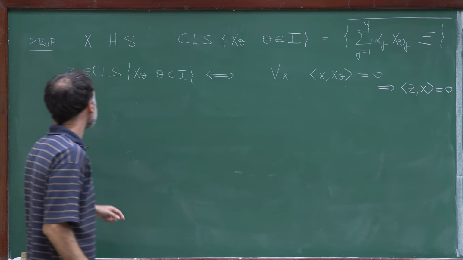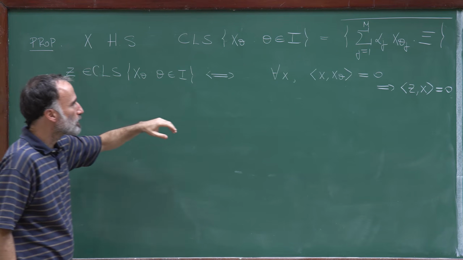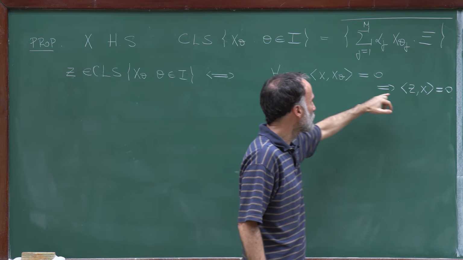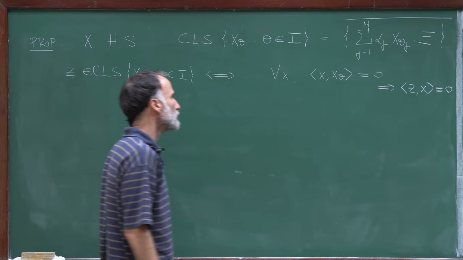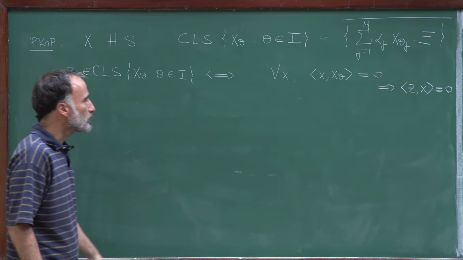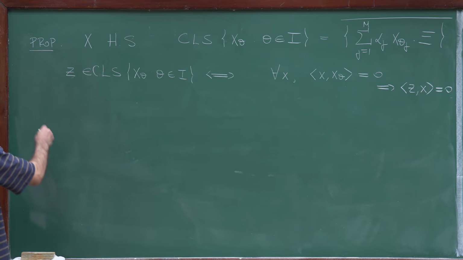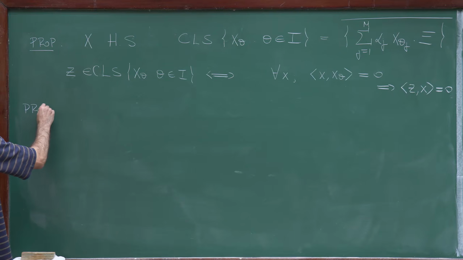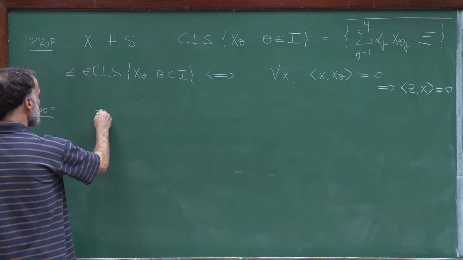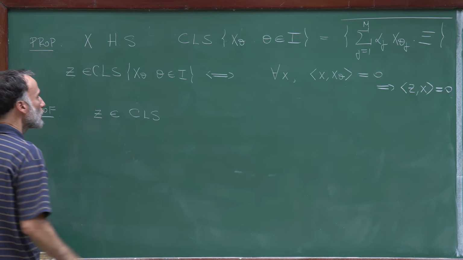So in order to prove that an element z belongs to the closed linear span of this set, it's enough to show that whatever x is orthogonal to all x_theta, it is also orthogonal to z. If we can prove that, we know that z is in the closed linear span, and this is a necessary and sufficient condition. So proof. Assume that z belongs first to the closed linear span of this set.